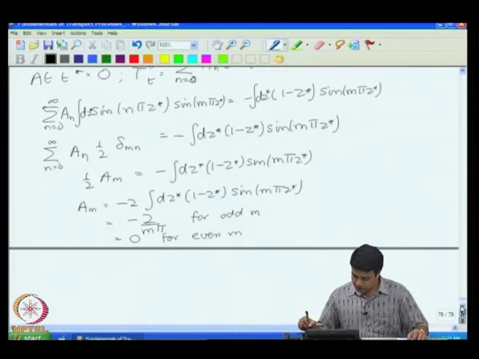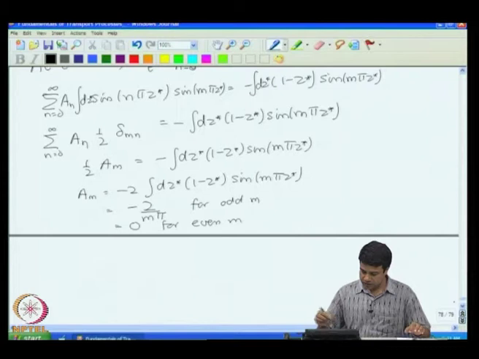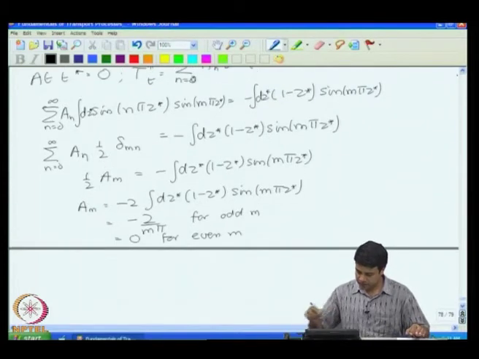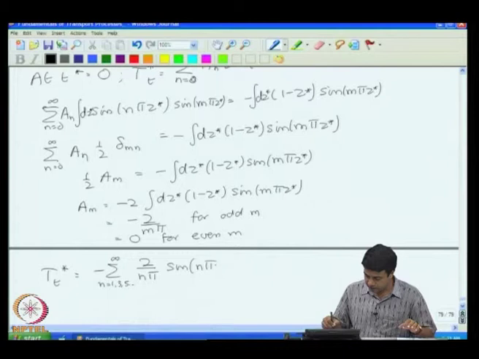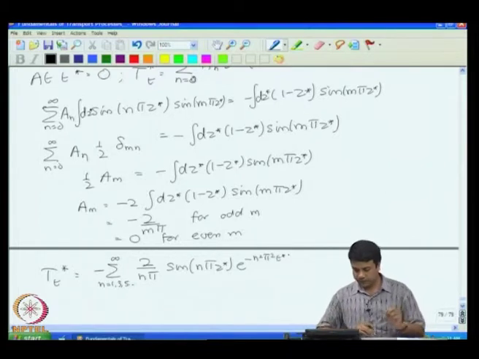So, putting all these together, with this coefficient for m, I get finally the transient temperature field: T star is equal to minus the summation n equal to 1, 3, 5, etcetera to infinity of 2 by n pi sine of n pi z star e power minus n square pi square times T star.